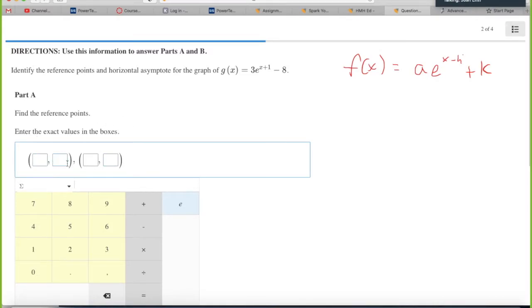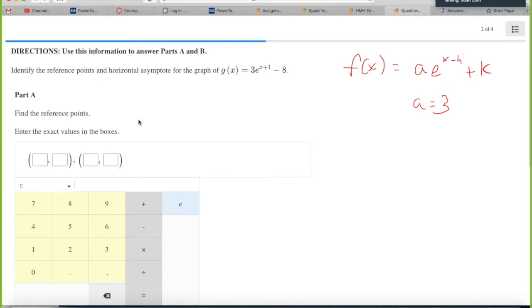We'll need to remember what the reference points are, and I'll pull those up in just a minute. But while we do that, we can figure out all of our different letters. Our a is going to be equal to 3, right there.